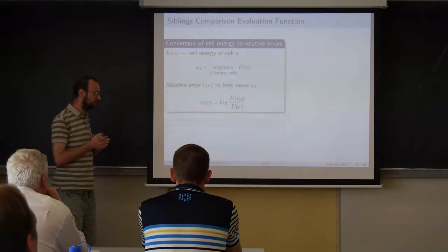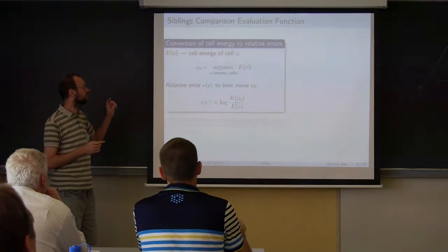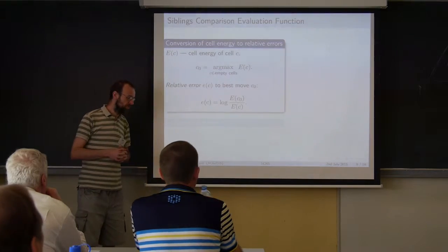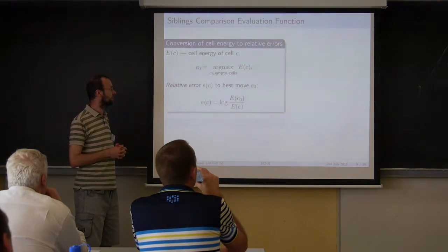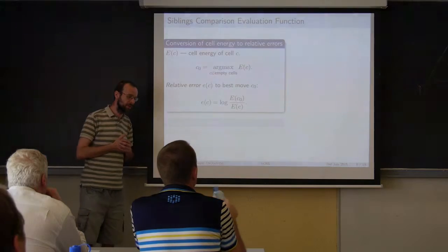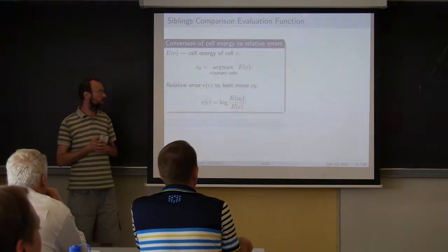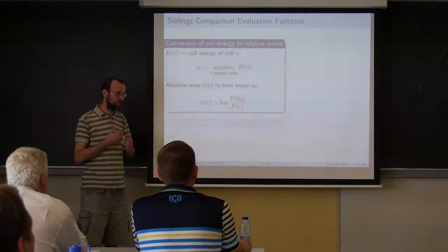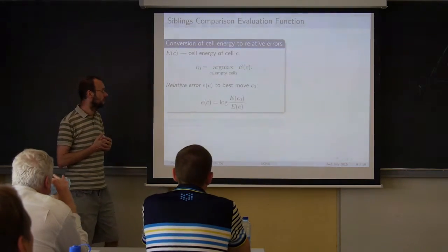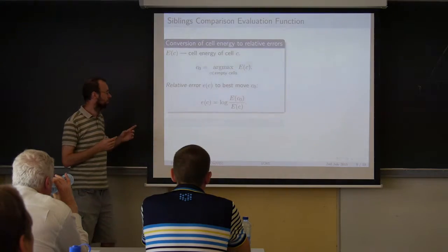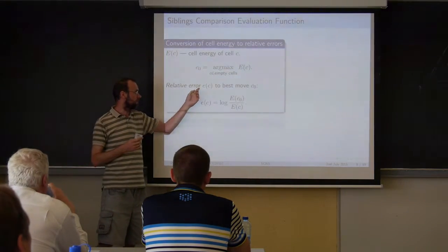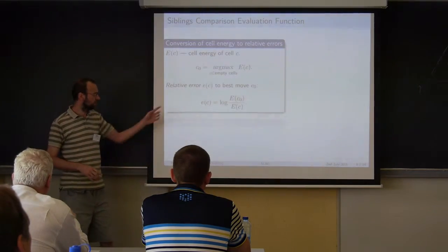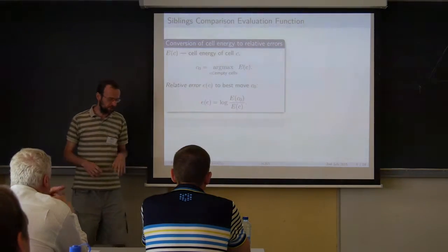In Hex, a move is putting a stone in a cell. So we have cell energy for a cell, and first we choose the cell with the highest energy. The higher the energy is, the better the move is. So the cell with the highest energy, say C0, is the best possible move in a given situation. And we introduce the relative error of a move. This is the relative error to the best move. There's some function using energies.